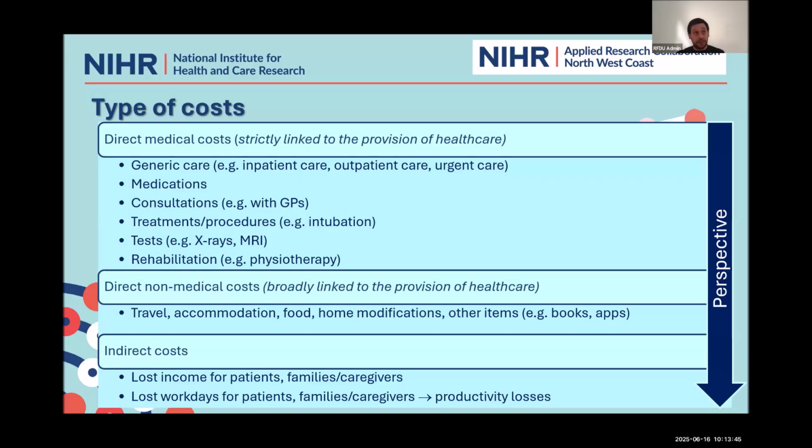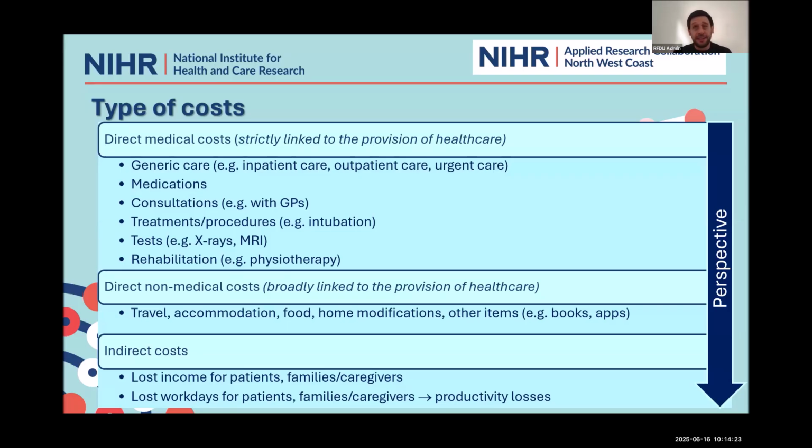What I can tell you is that as a minimum in the UK, at least, any economic evaluation should try to capture the costs within the health or the social care system. So direct medical cost or direct non-medical cost. Anything that goes above and beyond that is of course a bonus. So you might see economic evaluations which have a healthcare system perspective and also a patient perspective, or even a societal perspective, where they're trying to capture spillover effects over other sectors of an economy.